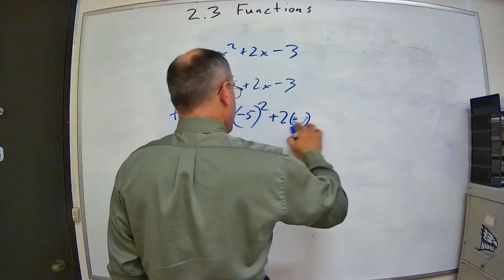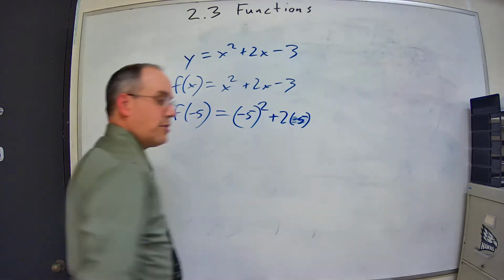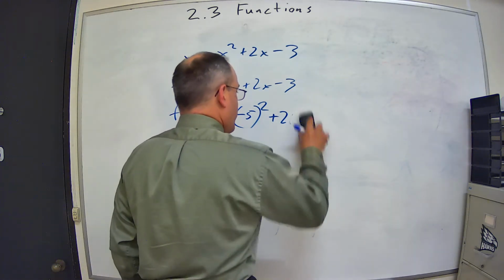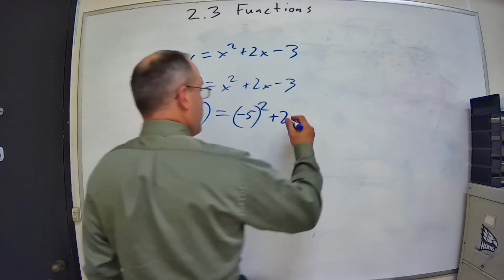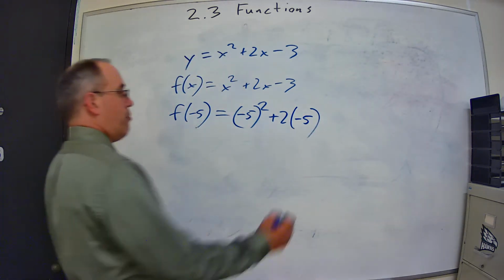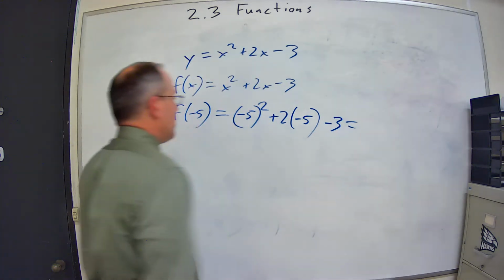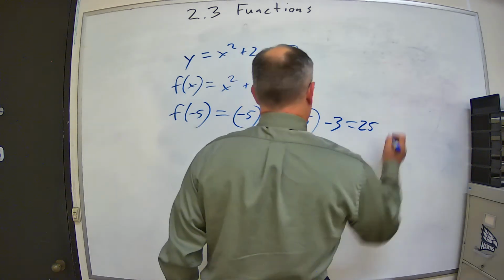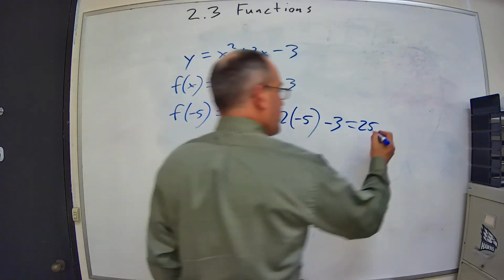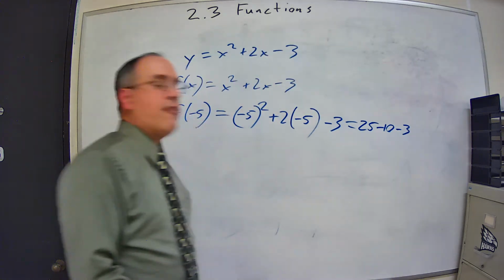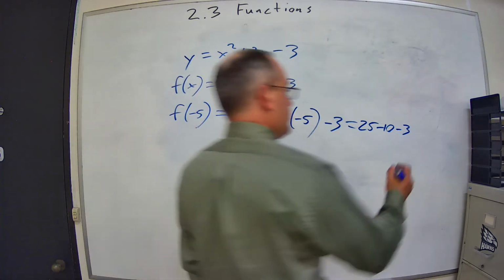I see on the screen that that's not very visible, so I'm just going to erase it and put it back in there. That's more legible. And then minus 3. Negative 5 squared is 25. 2 times negative 5 is negative 10, minus 10. Minus 3. So we have 25 minus 13, or 12.